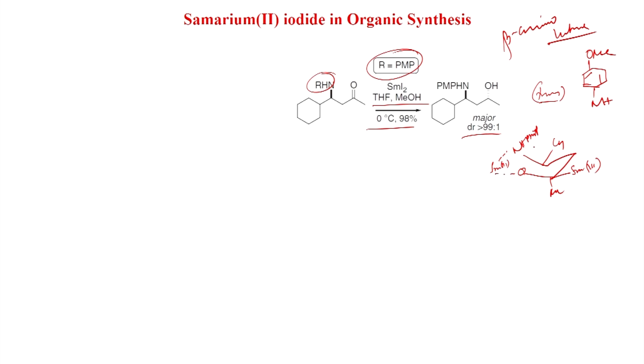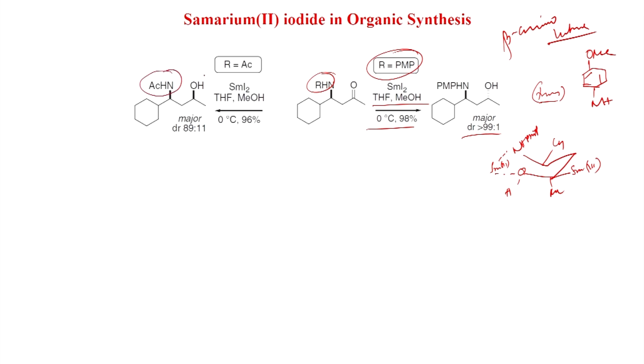That is why you get this similar selectivity, greater than 99:1. On the other hand, if R is equal to acetyl, and interestingly, you get 96% yield under the same condition, and the diastereomeric ratio is almost 9:1.